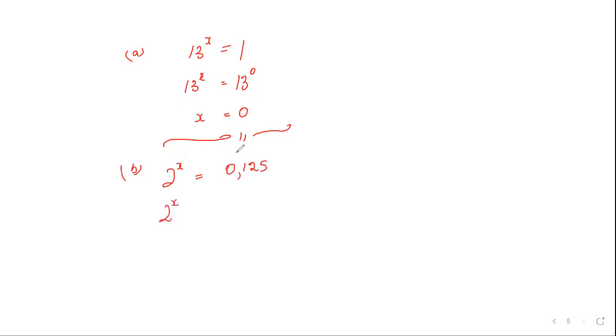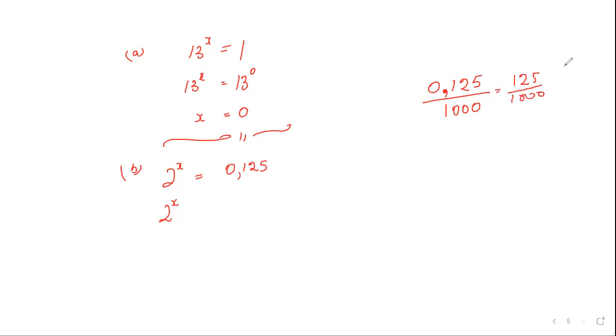We need to convert a decimal into a fraction, 0,125, which we did in grade 7. Against that comma, we put a 1. Any digit, we put a 0 there. And that becomes 125 over 1,000.